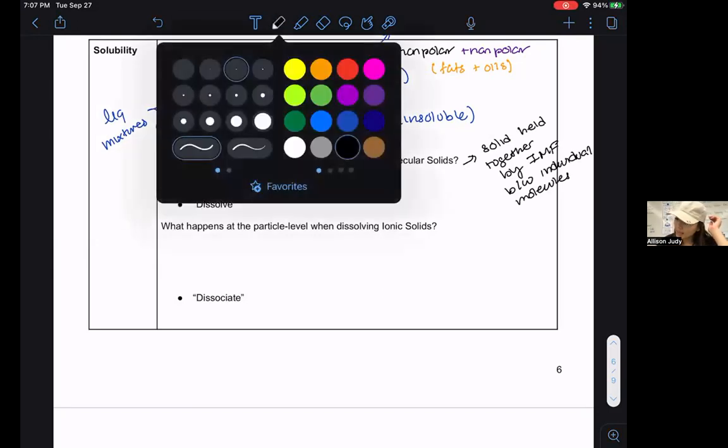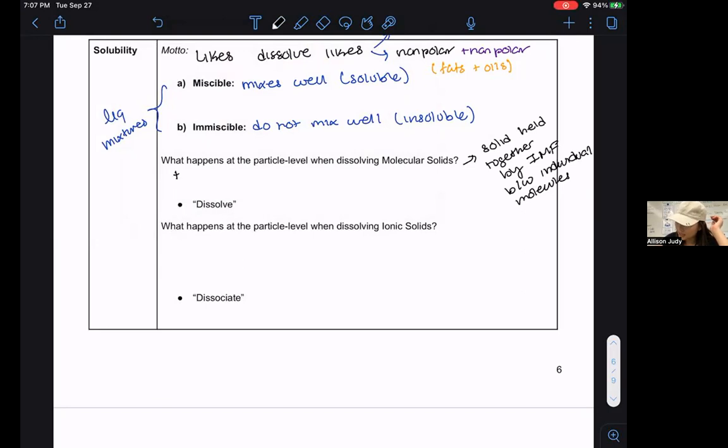What happens is that the sugar molecule to molecule attractions are broken and molecule to water attractions are formed.